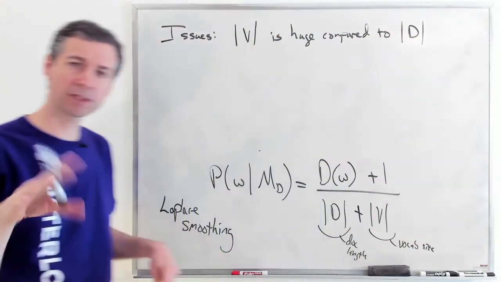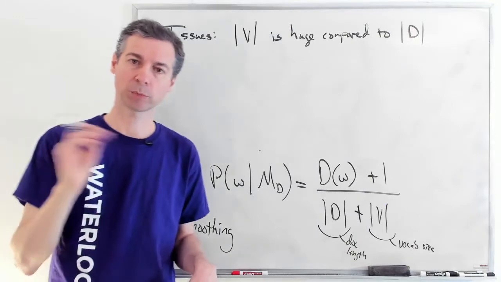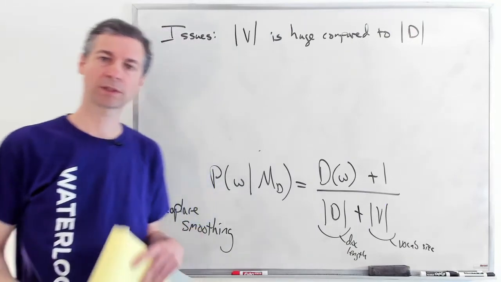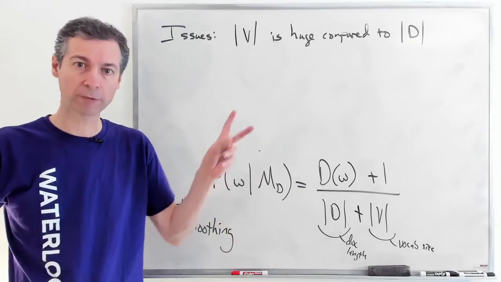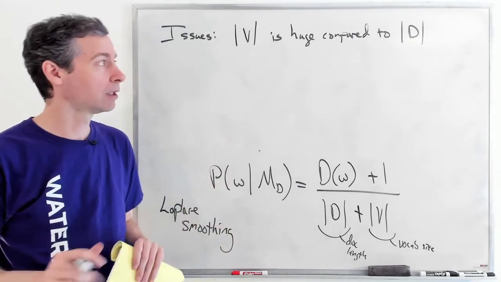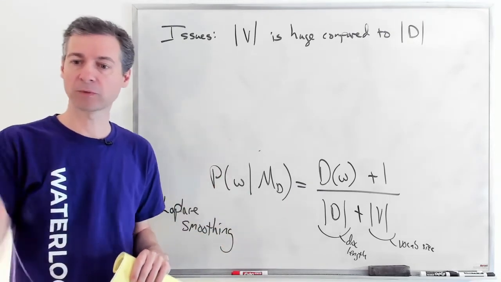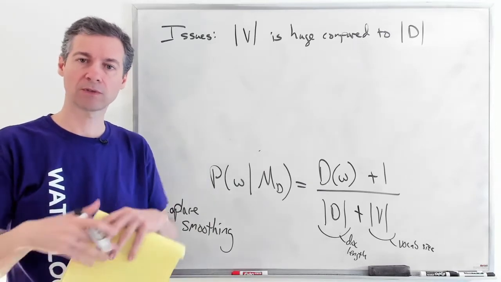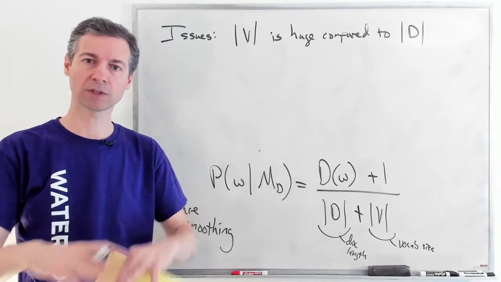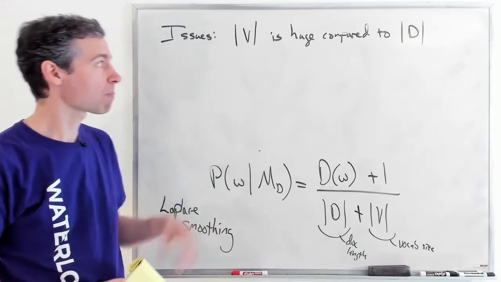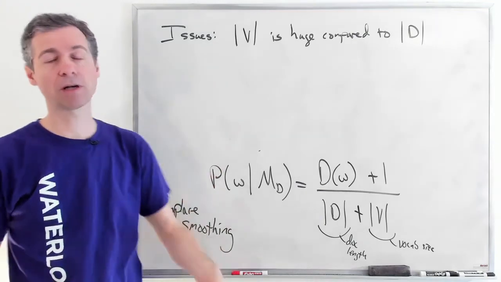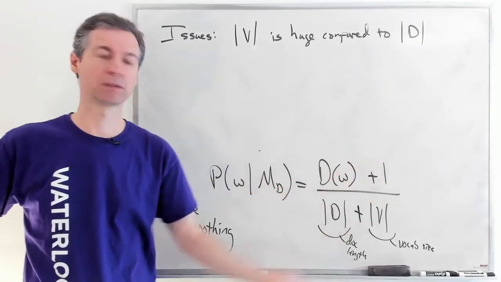So when I did the die, and we put one little count in each one, there's only a total of 6 vocabulary words for the die. And so before too many rolls, I've nicely got a good estimate and swamped out the prior pseudo counts. With a vocabulary, our vocabulary is 1 million.